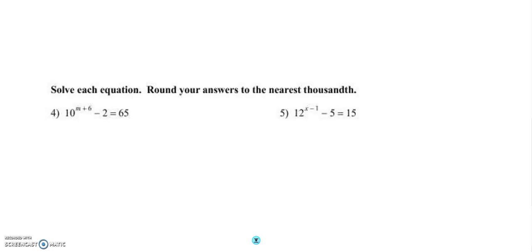But we need to isolate this guy here. So that means that the 2 needs to move. So we have 10 to the m plus 6 is equal to 67. And what you will do now is, to get rid of this base 10, you will take the log.